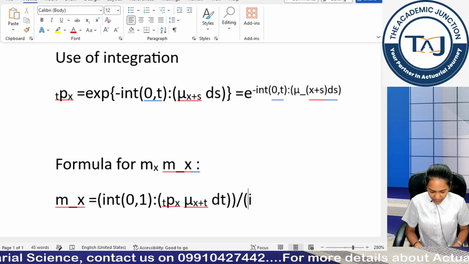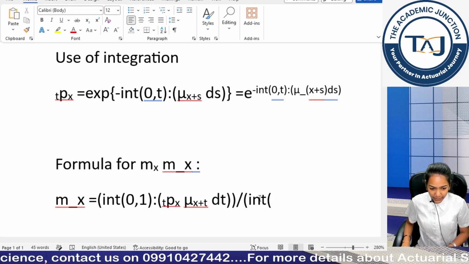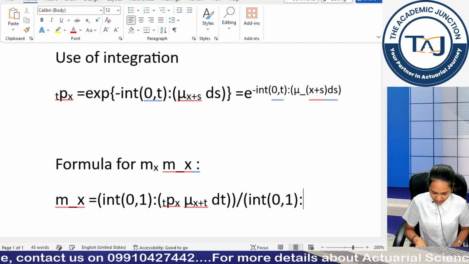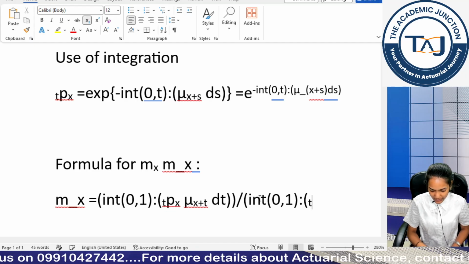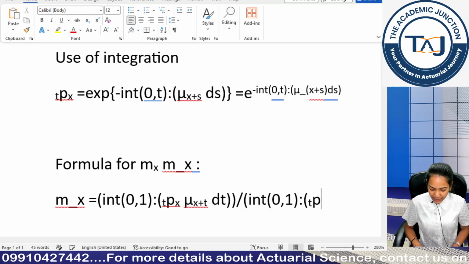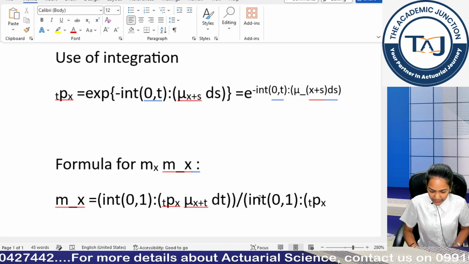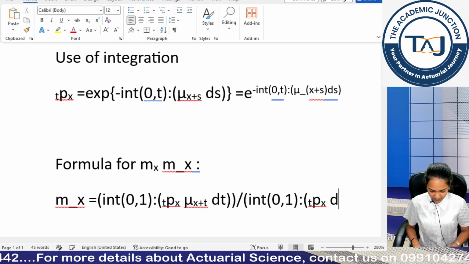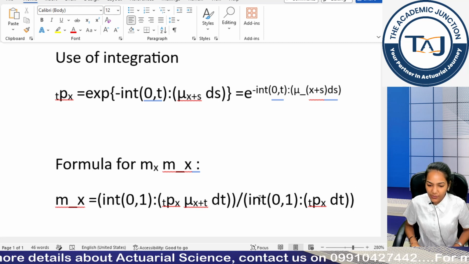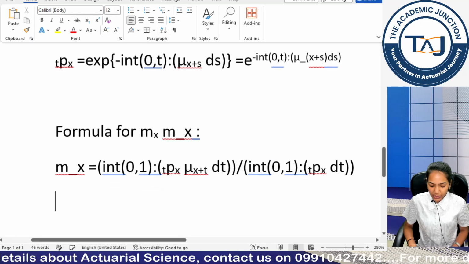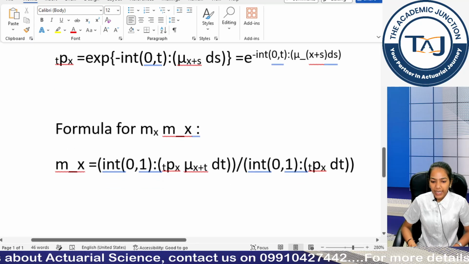Then brackets open, again the integral from 0 to 1, and we have tpx dt in this. So Control Shift minus t, Control Shift minus t, Control Shift minus x, and Control Shift minus, we have dt, brackets closed. This bracket is closed for the integration and this bracket is closed for your denominator. So this is your equation for mx.